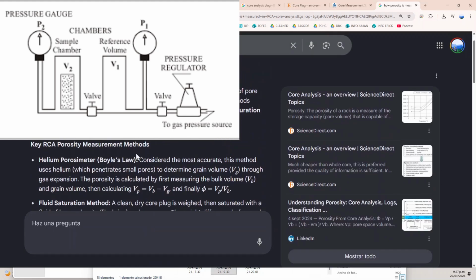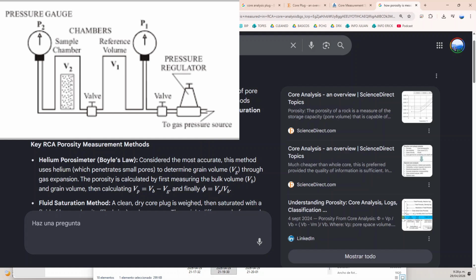During RCA, porosity is measured by determining the ratio of pore volume, VP, to bulk volume, VB, of clean dry core samples. The primary methods include helium expansion. This is why sometimes they use helium or other gases, because they use Boyle's law.